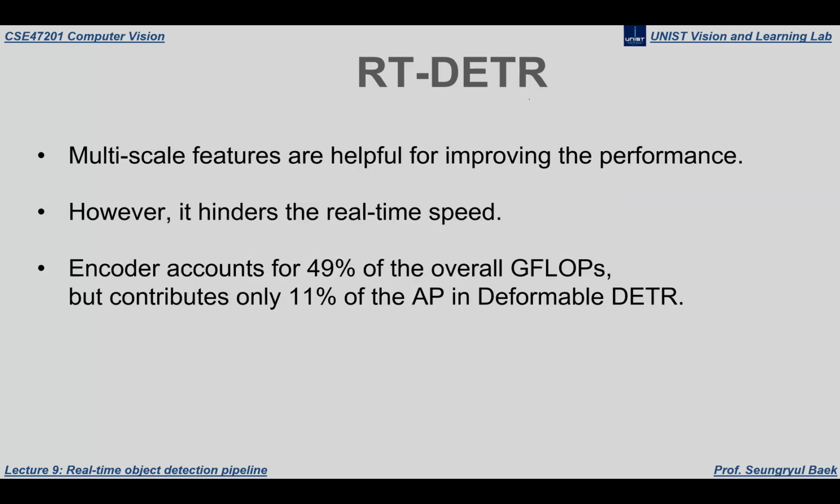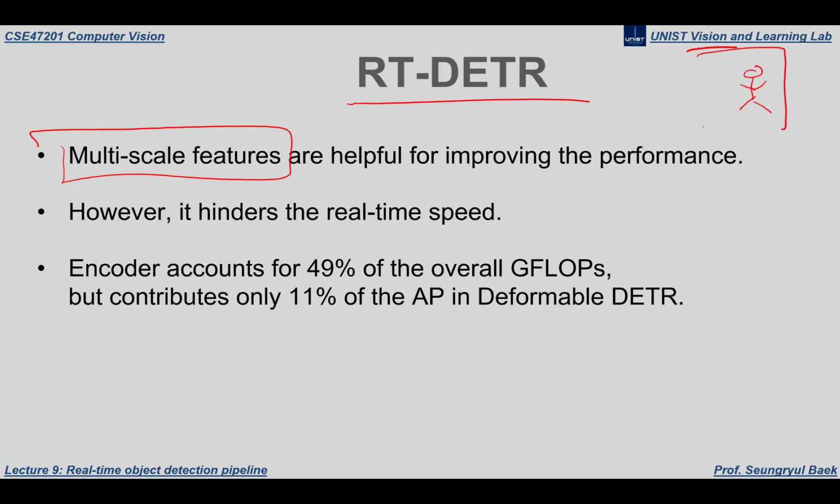The main motivation for RT-DETR is that multi-scale features are helpful for improving the performance of the object detection algorithm because, as I told you in the previous lecture, in images there could be lots of size variation in the same object class. Some people can be this size, and some people could be larger.